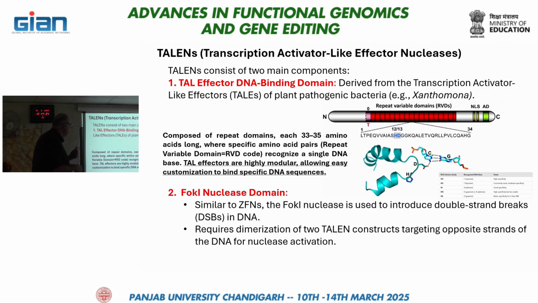Okay? So it sounds easy. It was better because each zinc finger recognizes 3 bases, and here it was 1 base. So much more precisely, we were able to design the binding domain.